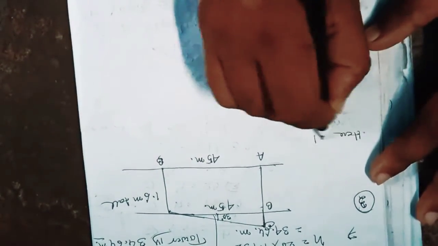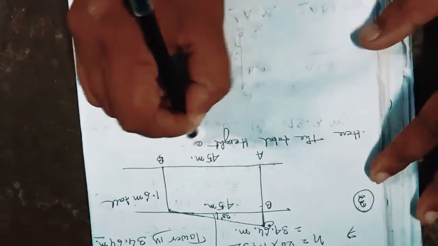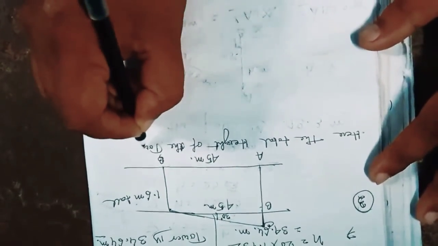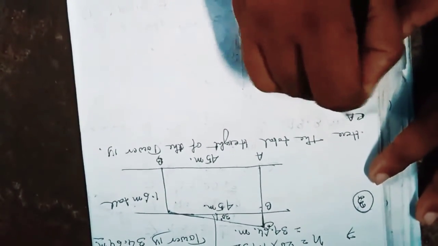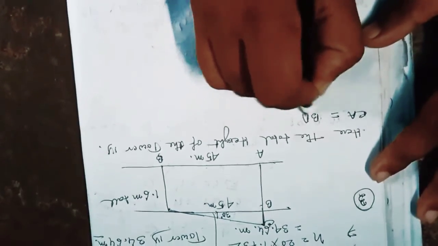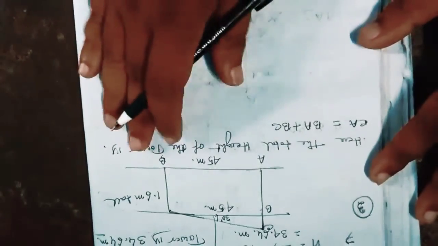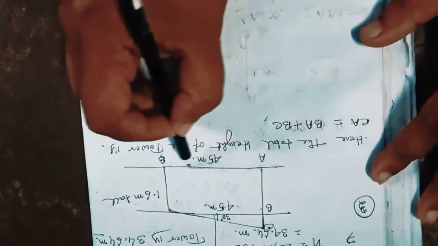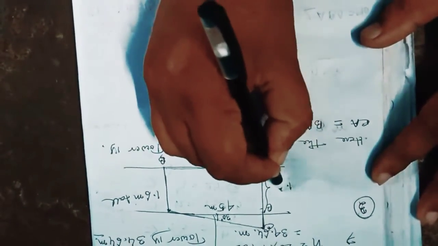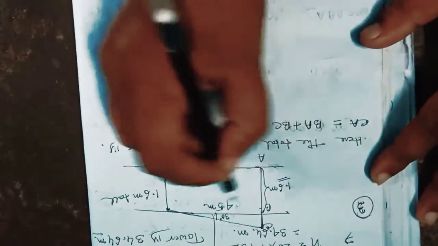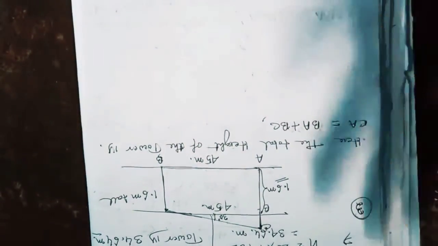Here the total height of the tower is CA, that equals BA plus BC. This is equal to 45, and this is equal to 1.6, so obviously BA is equal to 1.6 meters. Now we have to find the height of this CB.